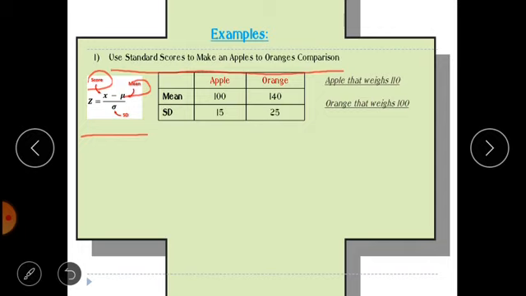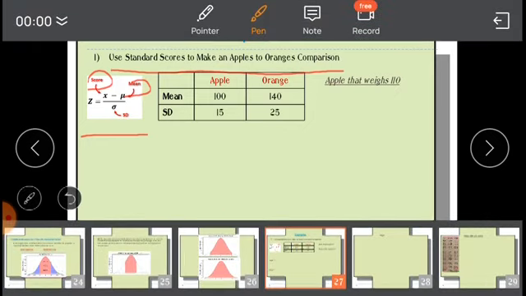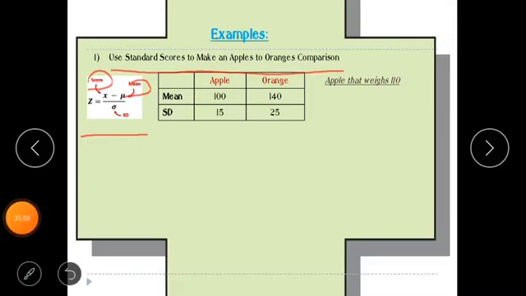So etong table na ito, makikita natin yung standard score nila. So dito sa table natin, kukunin natin yung standard score ng apple and then sa orange.